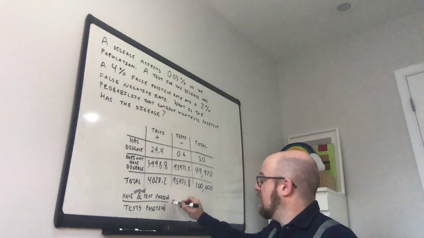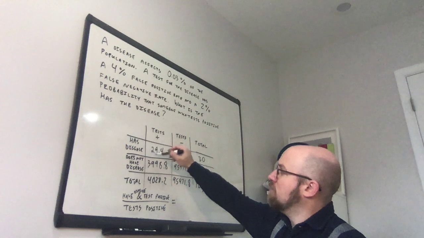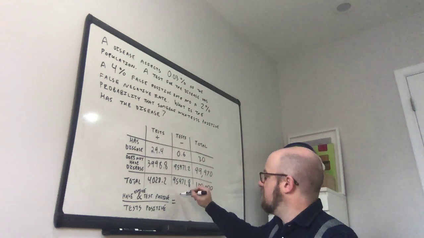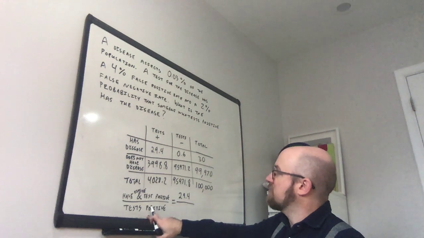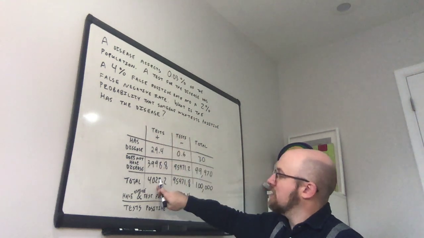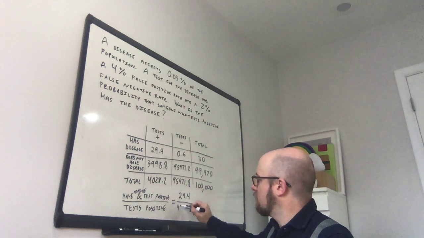And that's going to give us the probability that somebody who tested positive actually has the disease. If you divide that out, that top number, the number of people who test positive and have the disease, is 29.4. The number of people who test positive is this total value down here, 4,028.2.